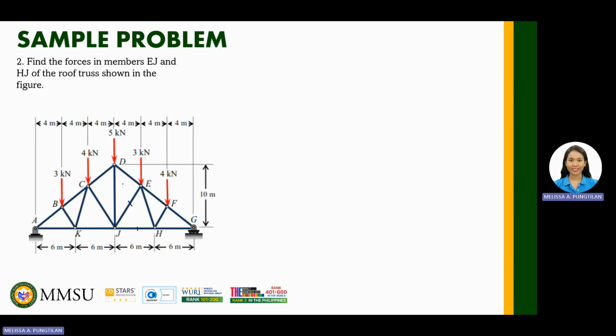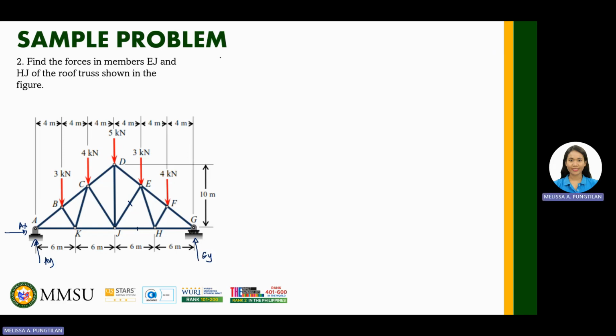There, so it is in the middle. Okay, the first step here again is to solve for the reactions. We have a hinge here, so let's have AY, AX, and then a roller, therefore we have GY.